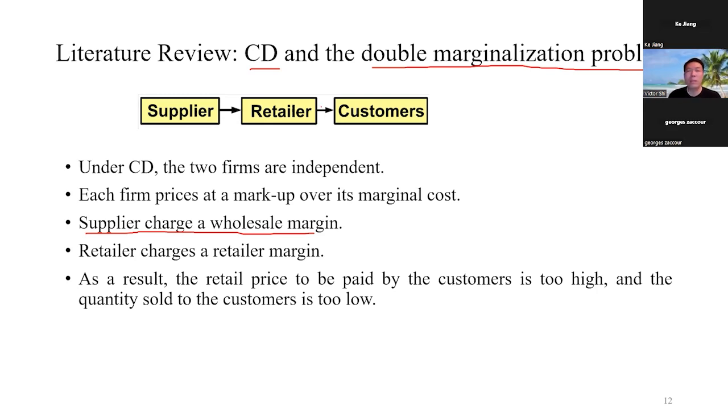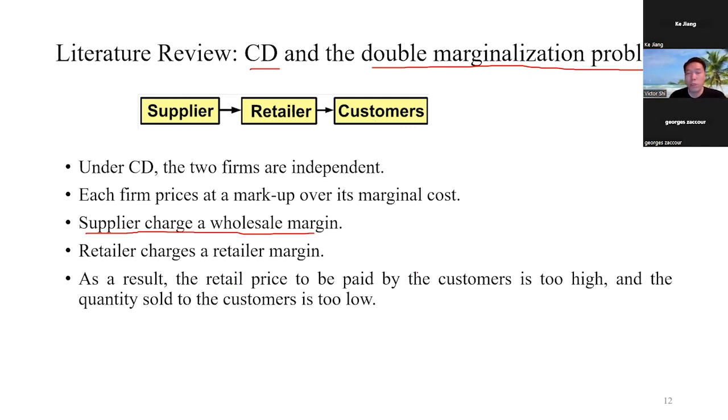So that's why you have double margins, basically, right? But as a result, the retail price to be paid by the customers is too high, and the quantity sold to customers is too low. Because the price is too high, customers will not buy a lot, right?